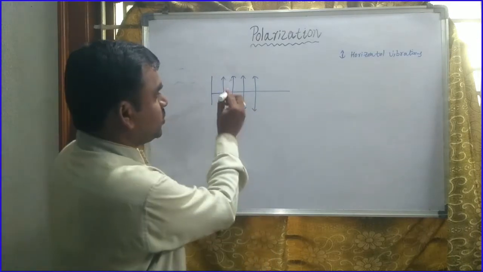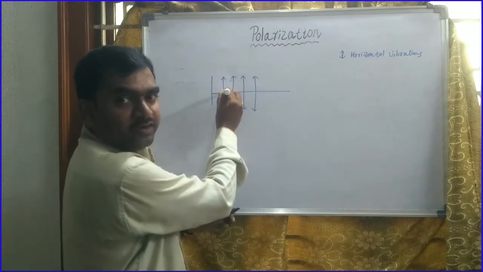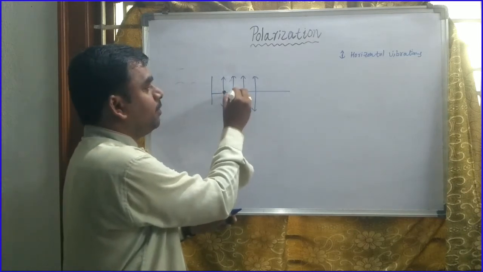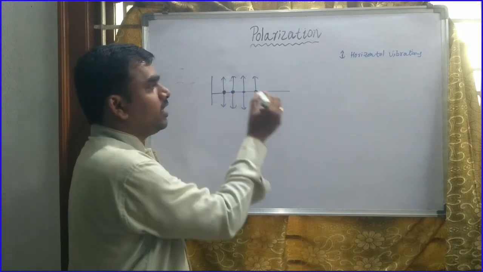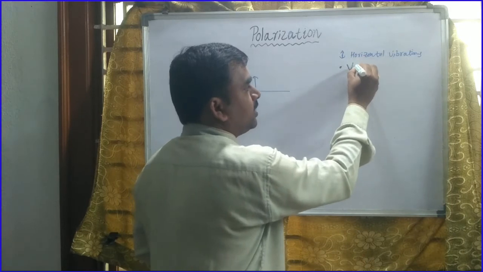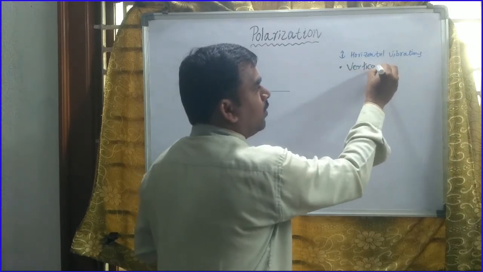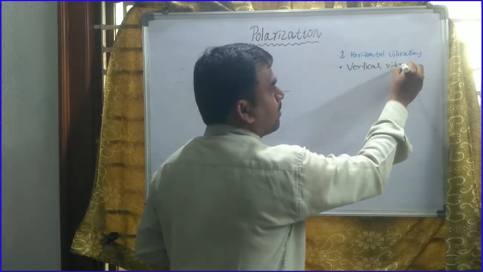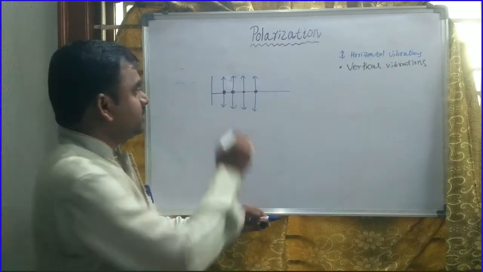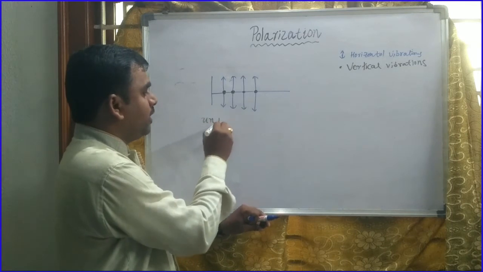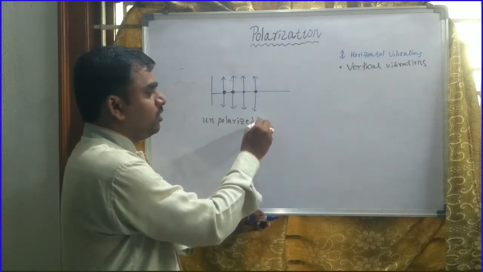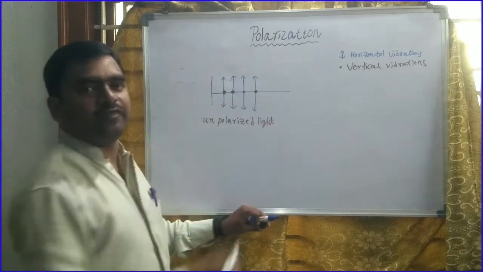Suppose I show it like this, how can you observe it? Is it like a dot or not? Yes, that is how I am representing the vertical vibrations, with the dot. That is the representation of unpolarized light. The unpolarized light has different kinds of vibrations.